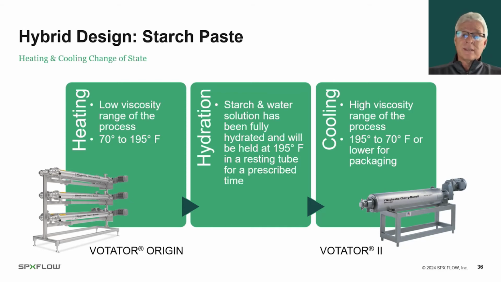There's all sorts of different types of starch, and they hydrate at different temperatures, and their viscosities can vary quite a bit. So these are products, this is what I call a starch paste base material that's typically used in the production of mayo, mayonnaise, other types of products like salad dressings.